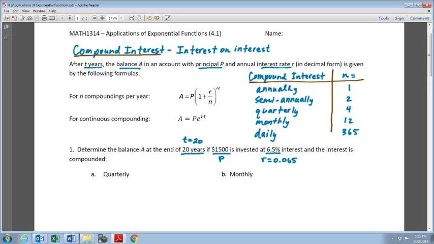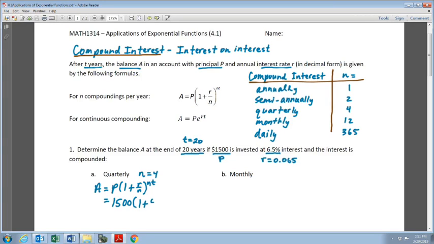That's our interest rate, r. And if it's compounded quarterly, then n is 4. So 4 times a year, they're applying interest to our account for these 20 years. So you should write down the formula, and then just make sure you plug in the numbers in the correct place. So P is 1,500.